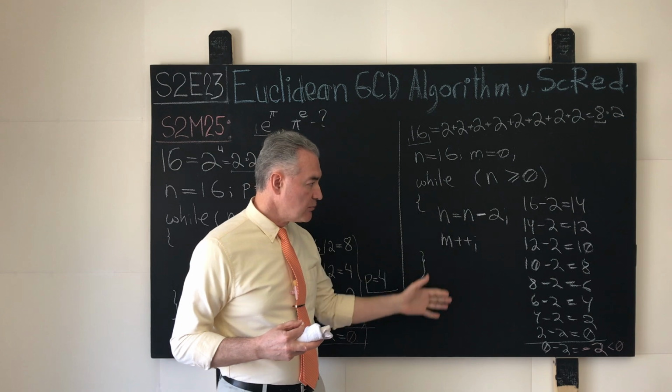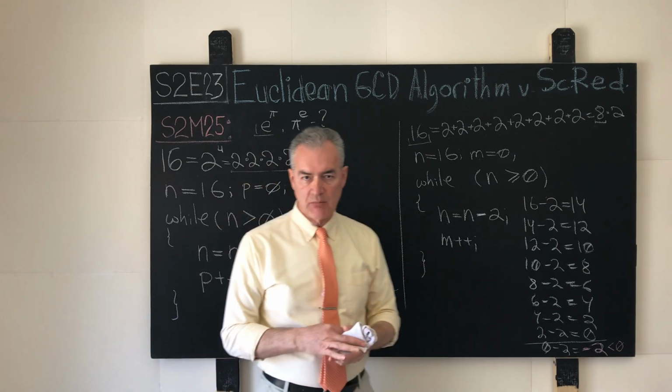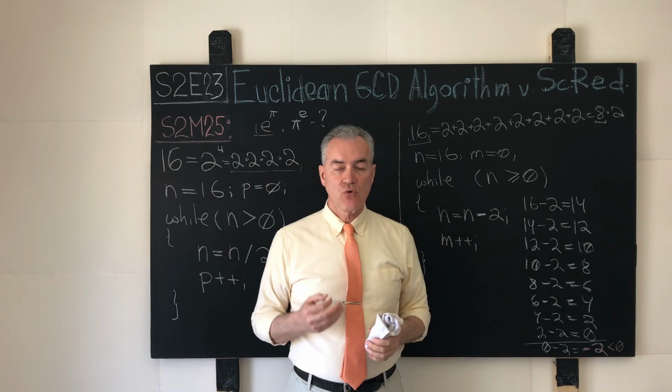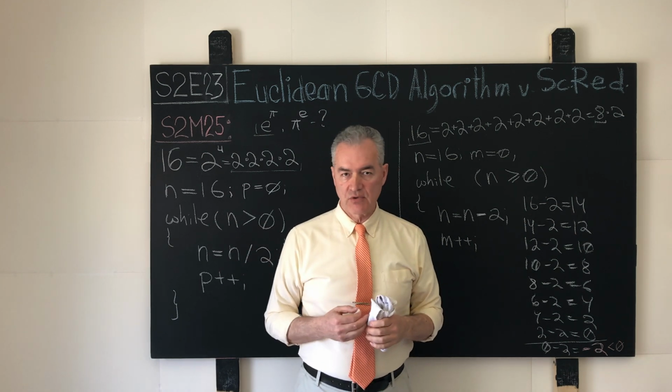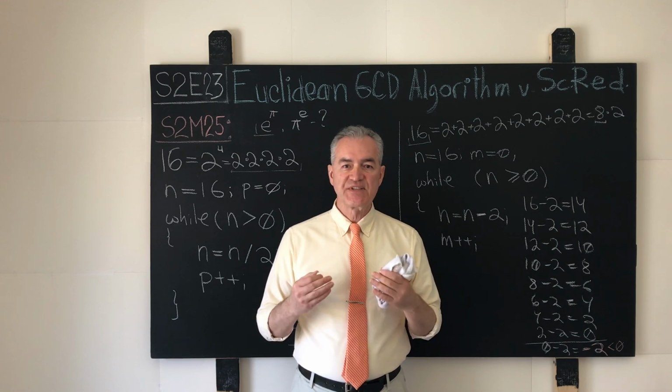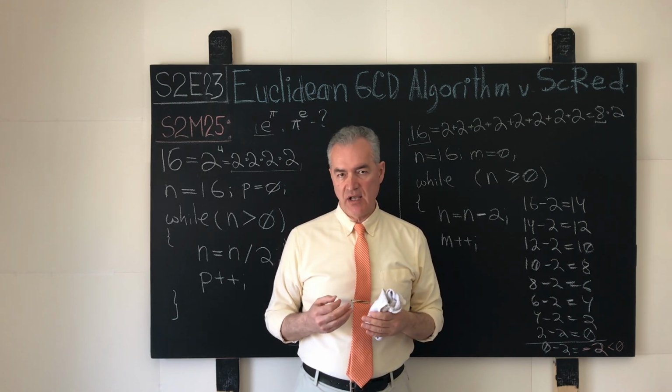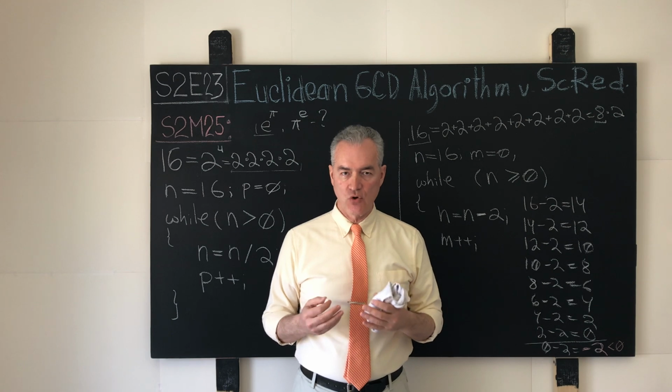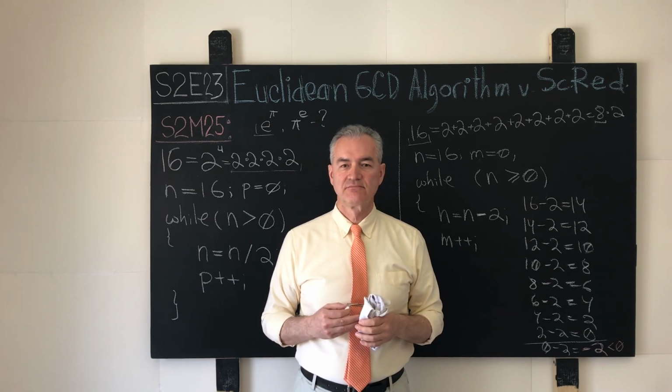Again, we play with specific numbers to come up with an idea, and now we can take on the Euclidean greatest common divisor algorithm, where again we will work with specific numbers in order to understand and develop a feel for what is going on.